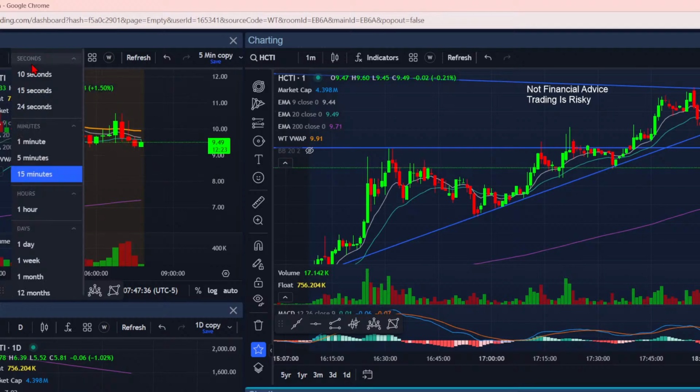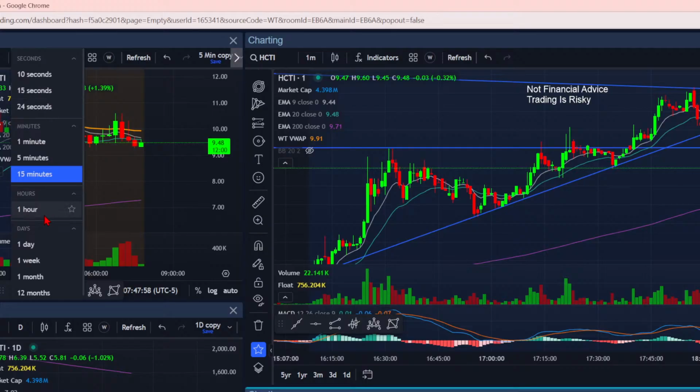But if it matches the 5 minute and the 1 minute, so it has multi time frame alignment, the trade has an even better chance of being a winner. If you're going short or going long, what you want is multi time frame alignment.